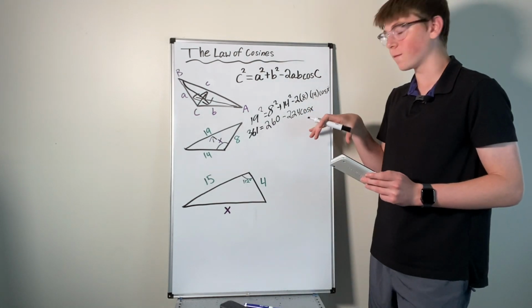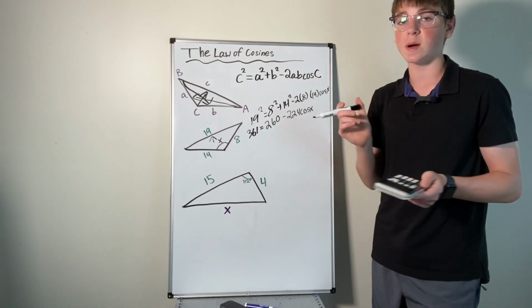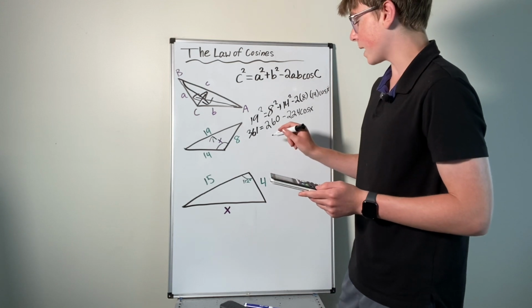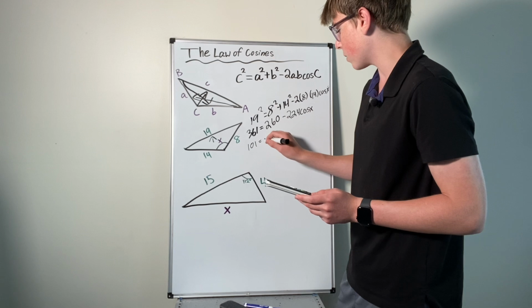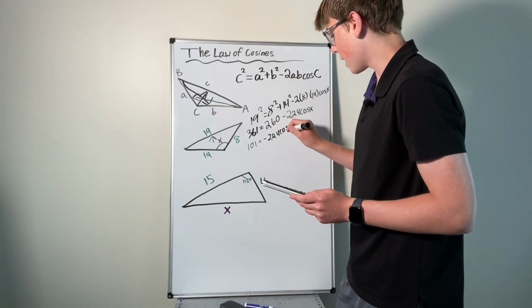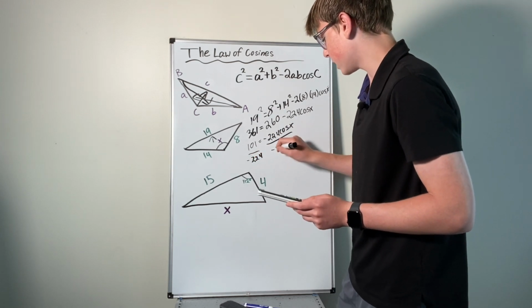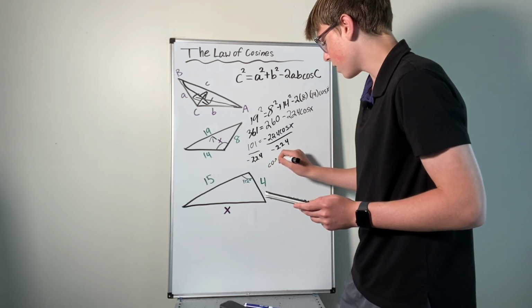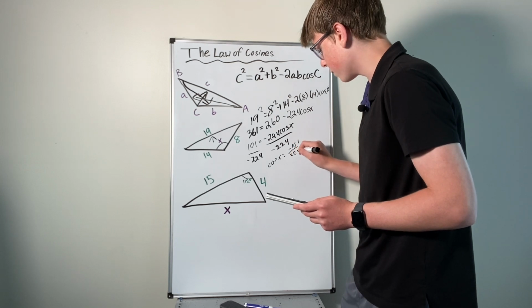Note that the 224 and the cosine x are one term, so you can't do 260 minus 224. That's not a thing. So now we subtract 260 from both sides, which will leave us with 101 equals negative 224 cosine x. Divide by negative 224 on both sides, and we will get cosine x equals negative 101 over 224.